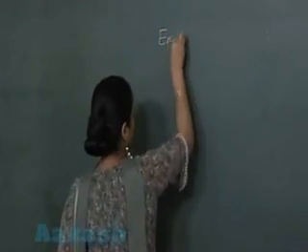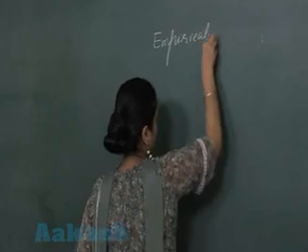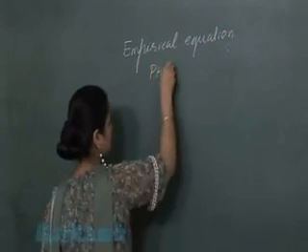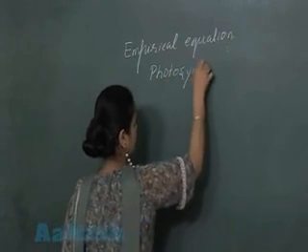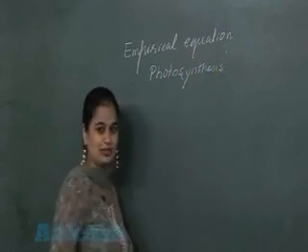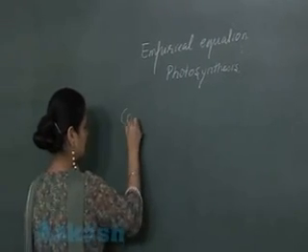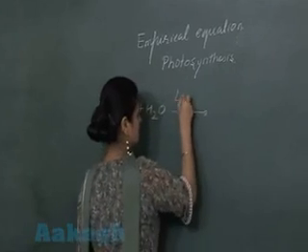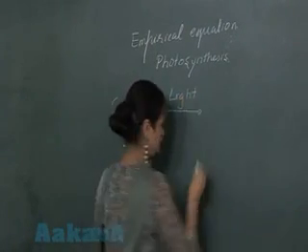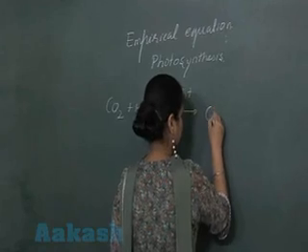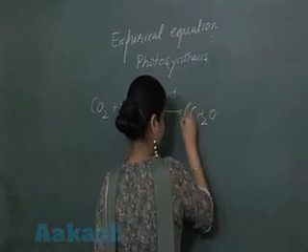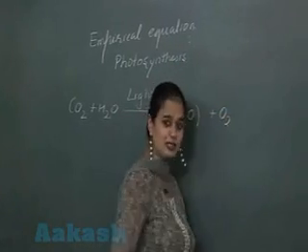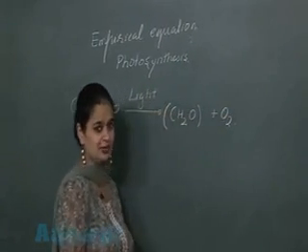The empirical equation of photosynthesis, which was given earlier in the mid 19th century, is that carbon dioxide and water in the presence of light result in the formation of carbohydrate, and one of the byproducts produced is oxygen.